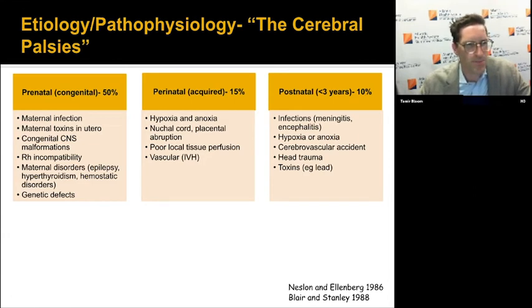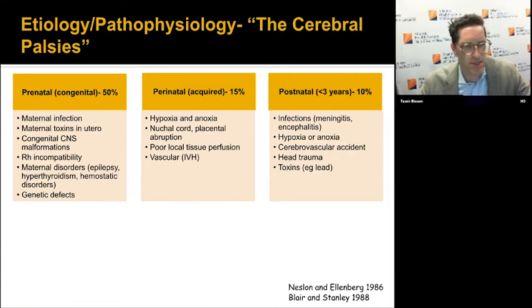Some of the etiologic factors I've listed here, and they can be categorized into the time that they occur, either prenatal, which make up the bulk of etiologies, perinatal, or postnatal.